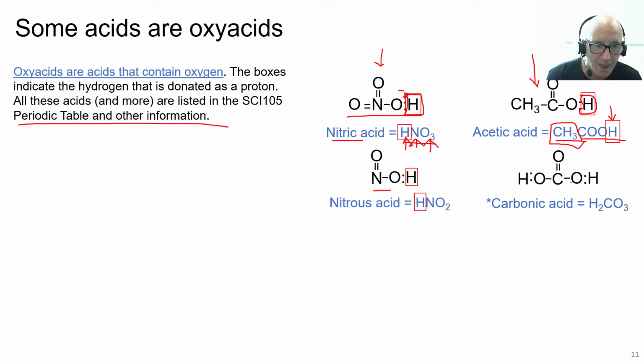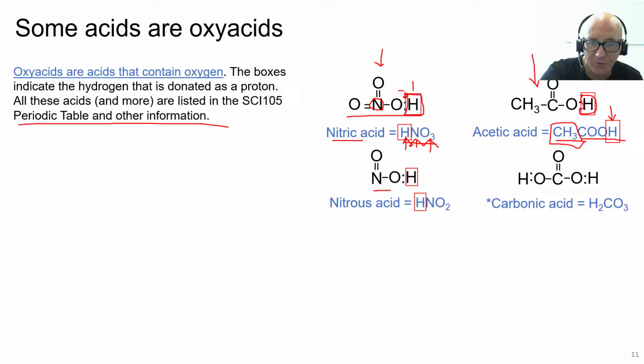Okay, now we go down here to carbonic acid. In this case, either of those 2 hydrogens can leave. Now, I hope what you can see, by the way, is that there's a common feature going on here. Basically, for something to act as an acid, the H has to be attached to an oxygen, has to be attached to something.